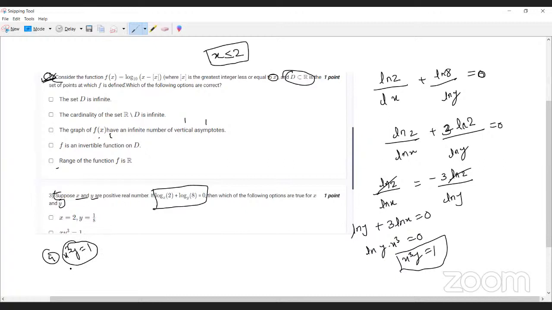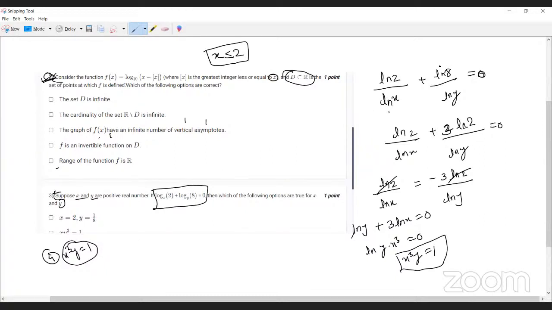Sir, can you explain the first line, ln 2 by ln x? Yes, we are simply applying the base changing property here. This is natural log, so we are changing the base to e: ln of 2 upon ln of x, same thing applies here, plus ln of 8 upon ln of y equals 0.